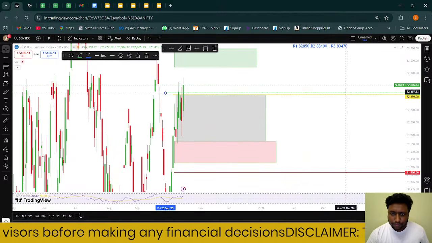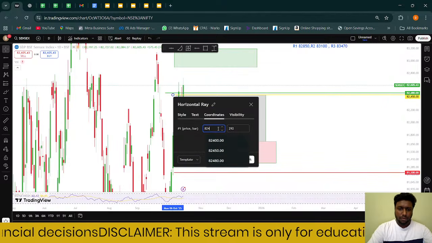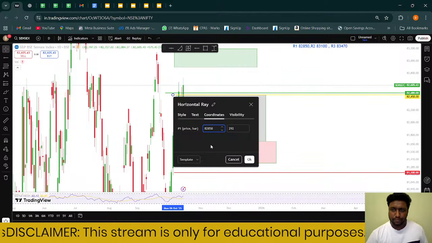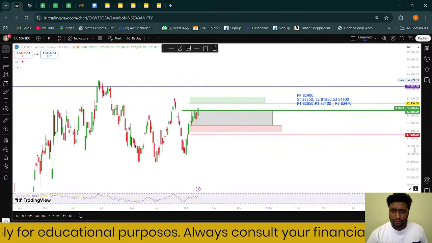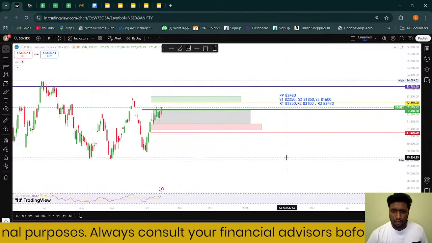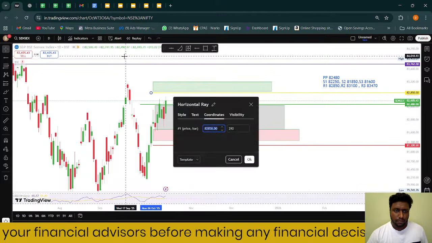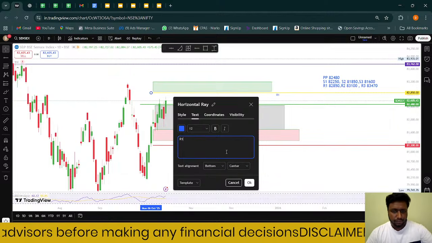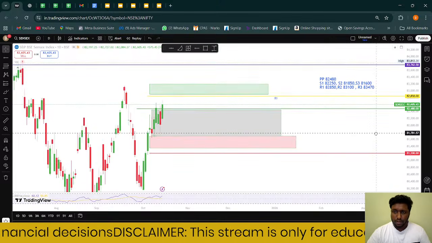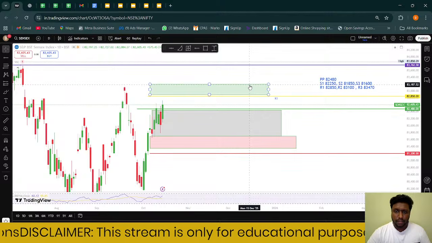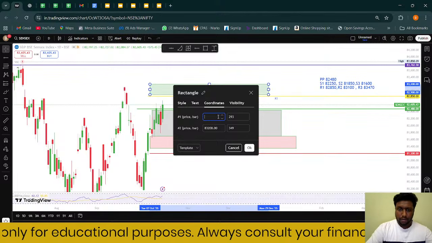R1 will be at 82,850. Let's zone this out on the basis of bullish, range bound, and bearish movement, like we did in the other two indices.